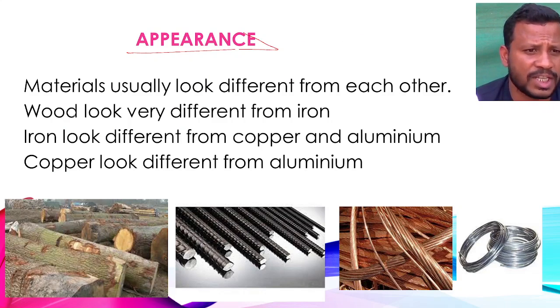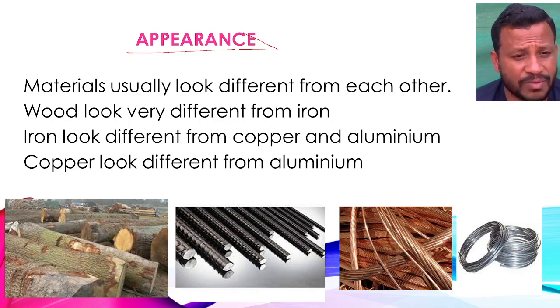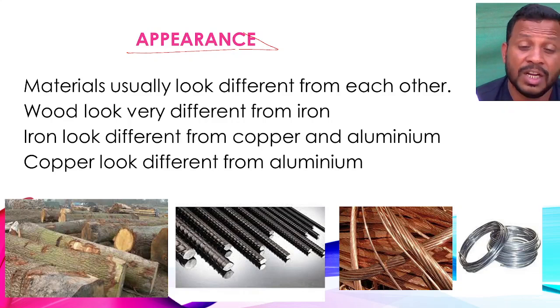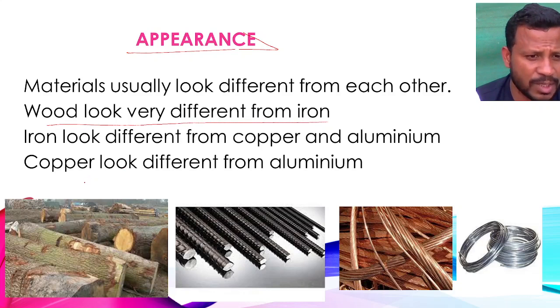First of all, materials usually look different from each other, right? Every material which surrounds us is different in its nature, shape, and size. Look here, second line: wood looks very different from iron. If we see the picture, this is the wood and this is the steel.